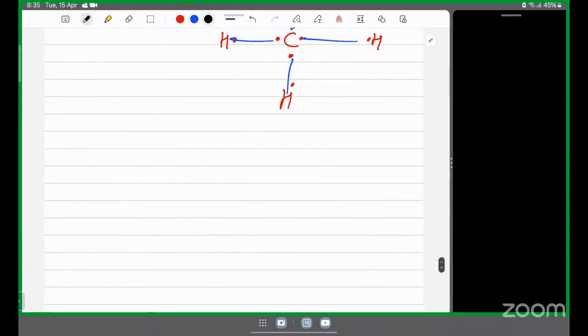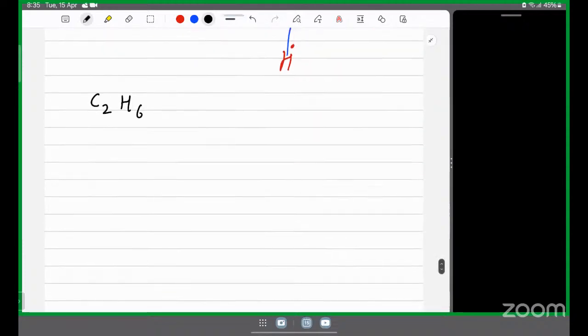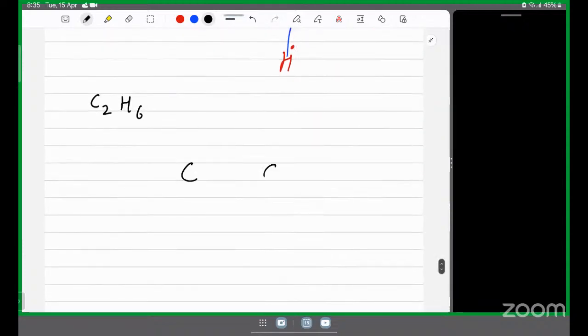What will be the bonding for C2H6? So C2H6 will be like this: carbon, carbon, and it is... not C2H6, this will be C2H4. So this has H, H and H. Hydrogen can form only one bond.